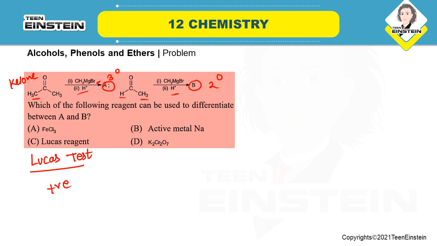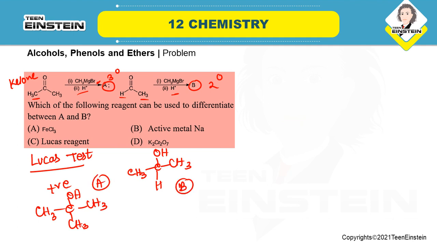So the 2 degree alcohol which we get from the second one has a structure like this: CH3COH H, another CH3 is coming from CH3MgBr, and A is this one, so this is A, this is B. 3 degree, 2 degree.